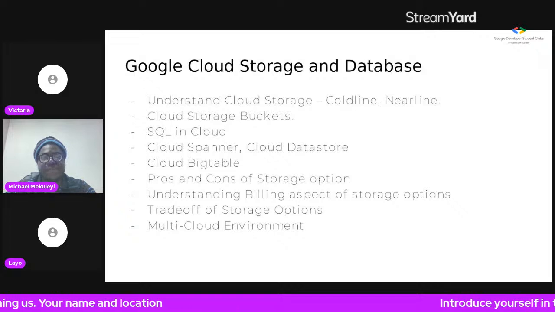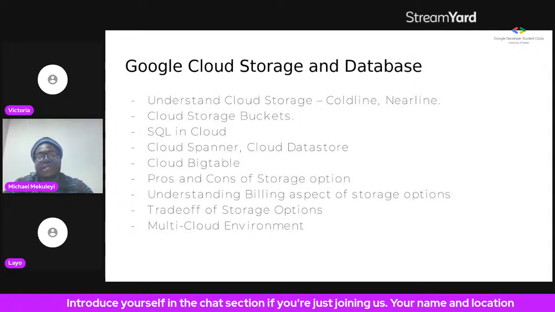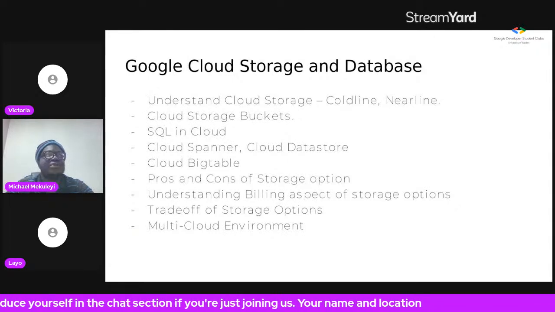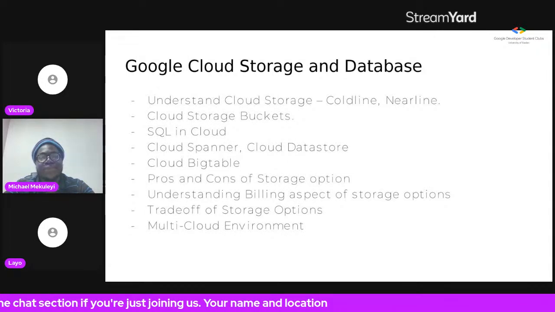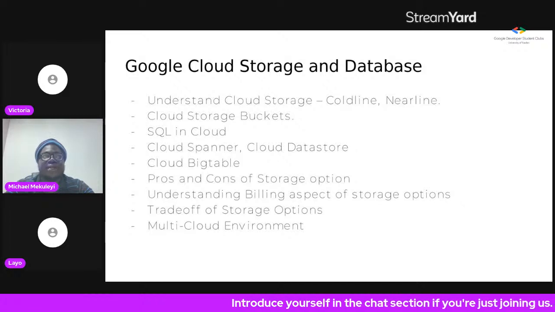There's a big difference between coldline and nearline storage, and those differences also show the pros and cons of those storage types. You also have to understand the billing aspect of storage.